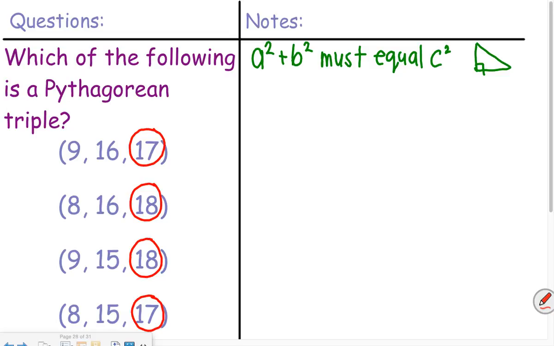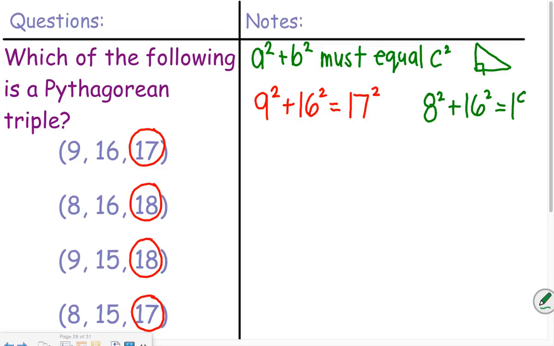So my first one, I would do 9 squared plus 16 squared equals 17 squared. My second one, I'll do 8 squared plus 16 squared equals 18 squared.